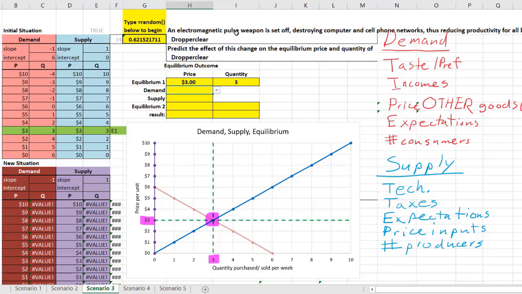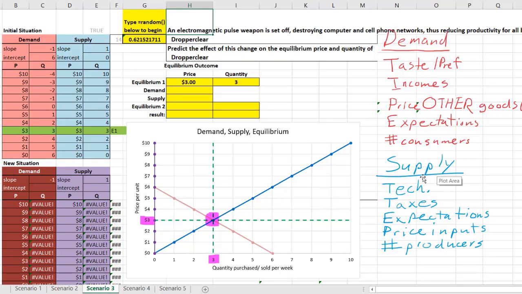It says an electromagnetic pulse weapon is set off, destroying computer and cell phone networks, thus reducing the productivity for all businesses. All right, so is that affecting supply, cost of production factors for companies that produce the products, or demand, the consumers' interest in the products, right?